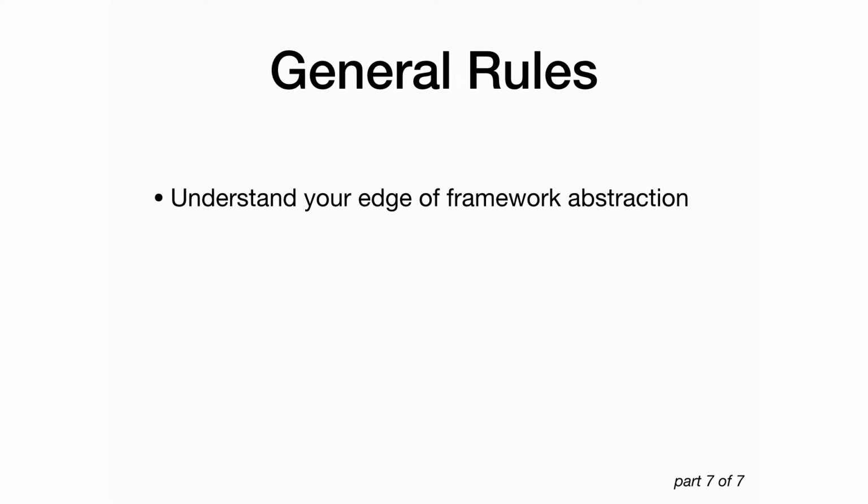Our rules. Which rules have we developed during all these years? First of all, you should understand your edge of framework abstraction. In our case, we don't have some strict edge, but we do have a clear understanding of which objects can be abstracted from Core Data and which shouldn't be abstracted at all.